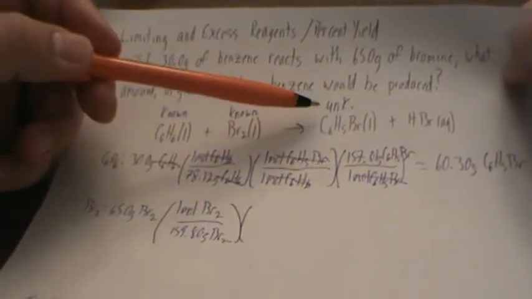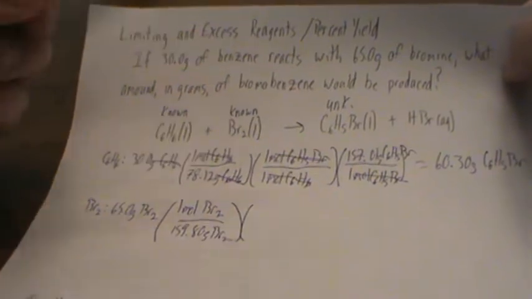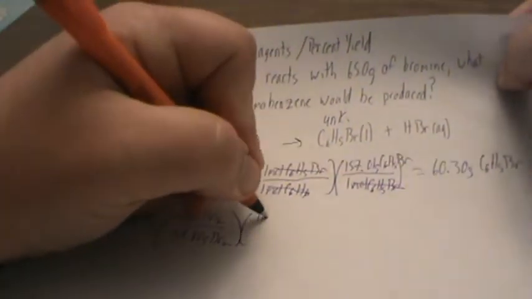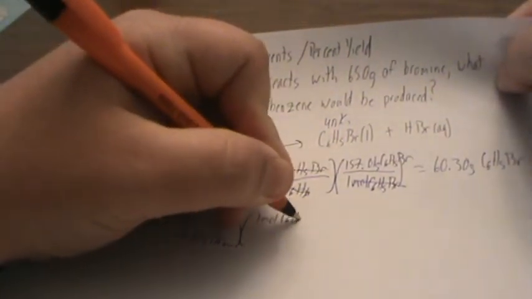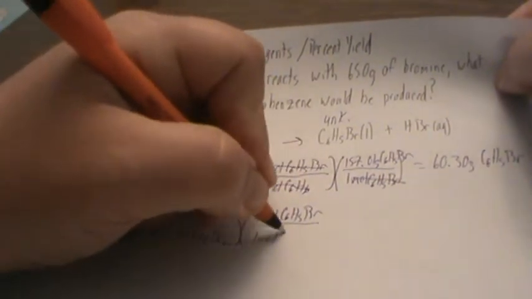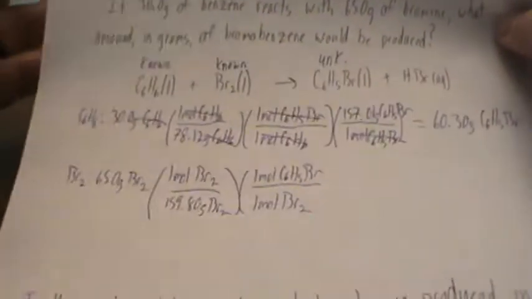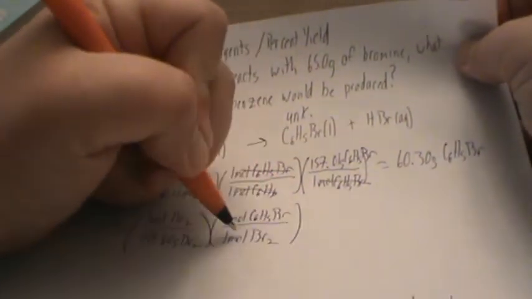Now we're going to go to moles of unknown, with the mole to mole ratio, unknown over known. So 1 mole of bromobenzene over 1 mole of bromine. Moles of bromine get canceled out.